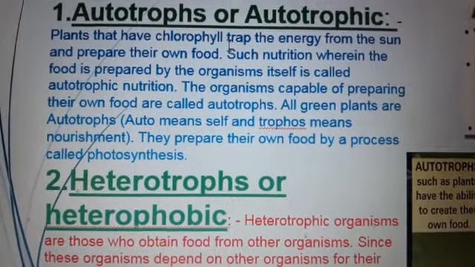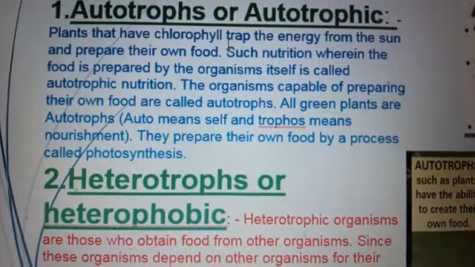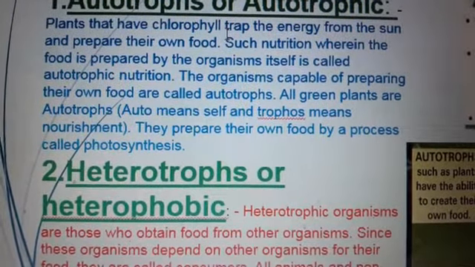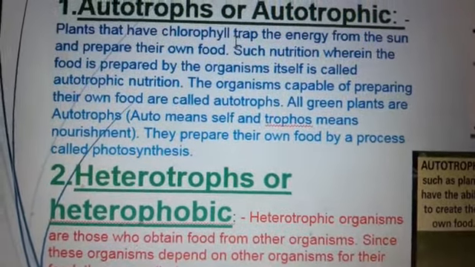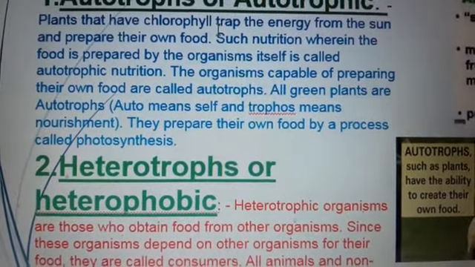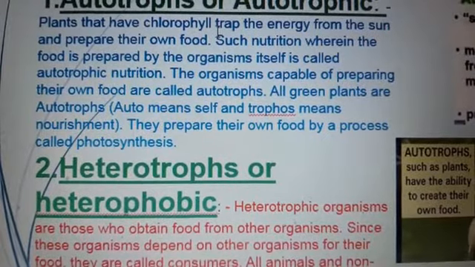Because plants make their own food, such nutrition wherein the food is prepared by the organism itself is called autotrophic nutrition. The organisms capable of preparing their food are called autotrophs.